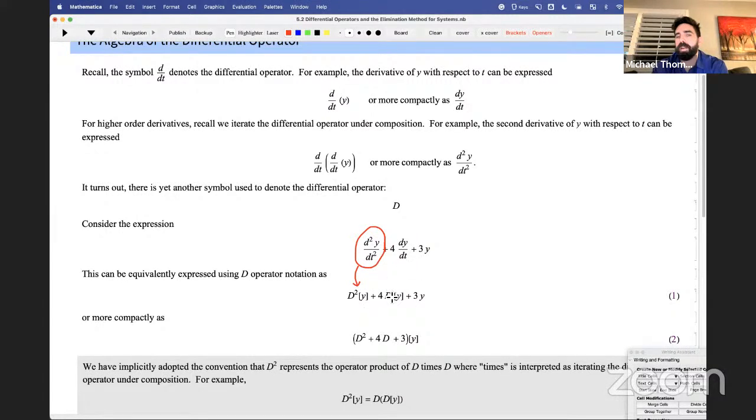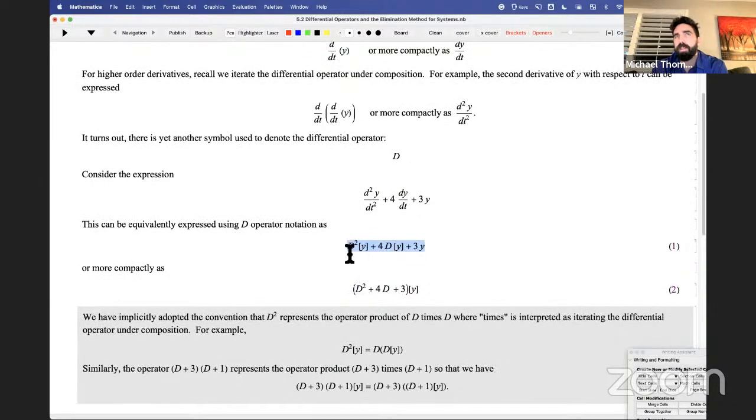Same thing over here, we have the 4, and then we're differentiating the y just one time there. And then, of course, we leave the 3y alone. Now, when you write it this way, one thing you can do with the notation is factor out anything in common. They all have a y function in common, so we can pull that right out to the right side, like so.